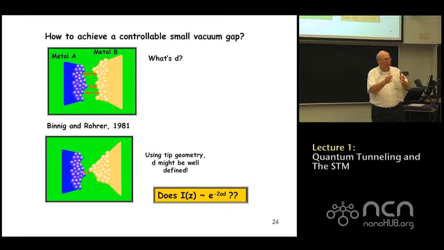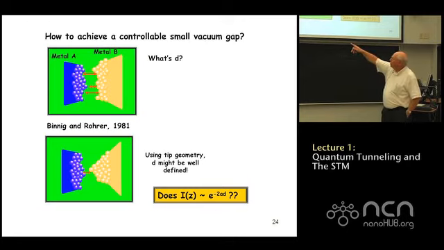If you just imagine breaking a metal rod and using that for a tip, you might get the situation shown in the top part of this slide, where because of the roughness involved in breaking the tip, there are many small gaps, mini gaps that form between the tip and the substrate. Each of those small gaps will contribute a tunnel current, and what you measure experimentally is the sum of all those tunnel currents. So that's a very complicated problem.